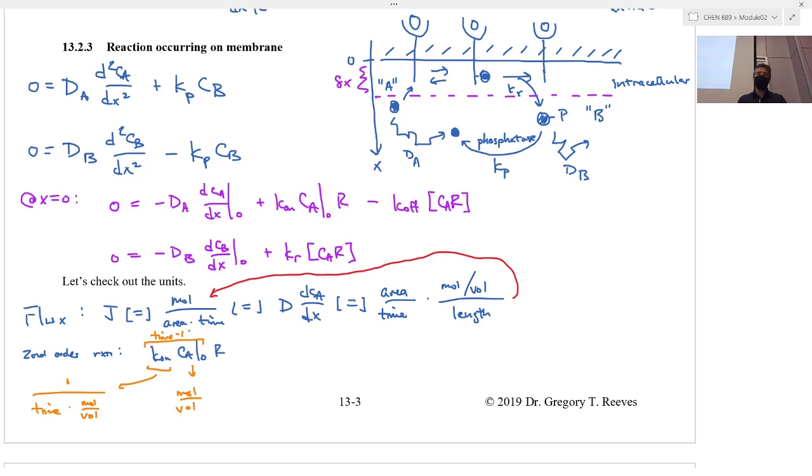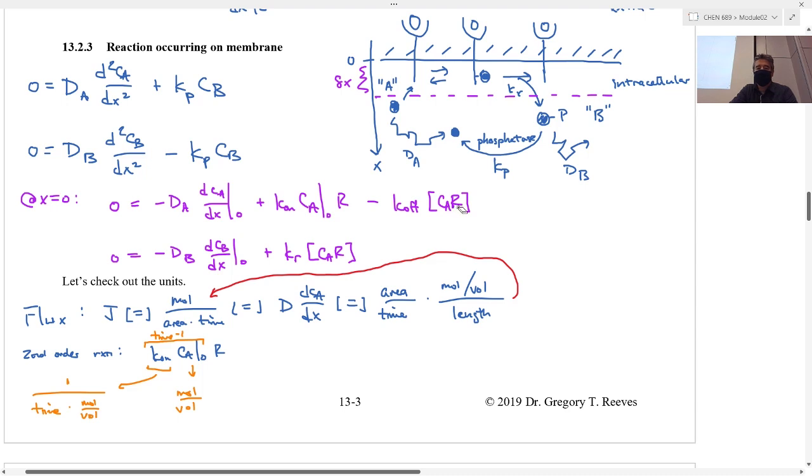And the receptor, well, it's a concentration, right? But it's not a bulk concentration. If you notice, backing up to the boundary conditions themselves, the concentration of A is evaluated at x equals 0. But R is not evaluated at x equals 0, because R is only at x equals 0. It's nowhere else in the problem. So you don't actually have to explicitly say that. It's always there at x equals 0. Same thing for the AR complex.